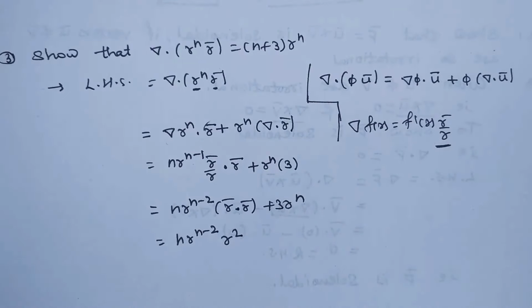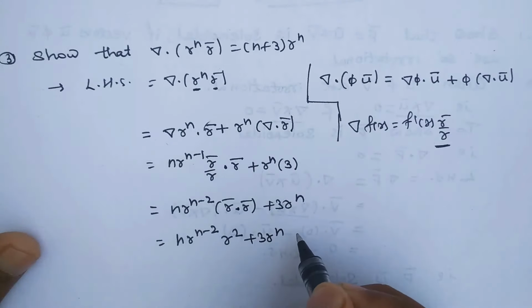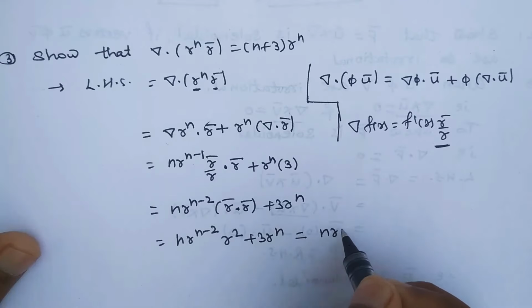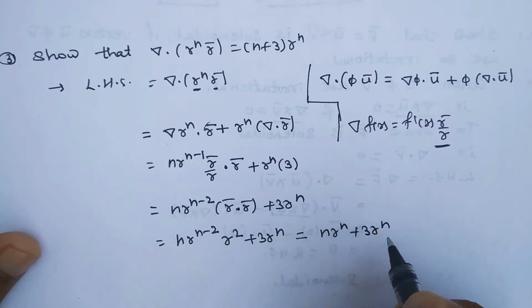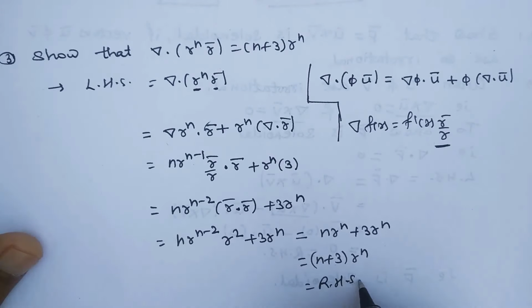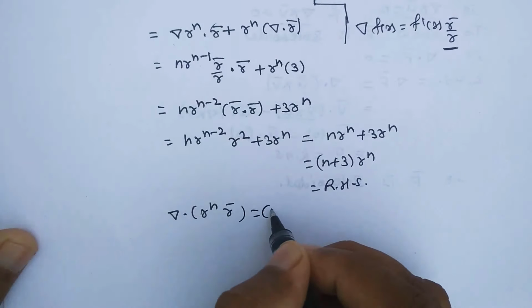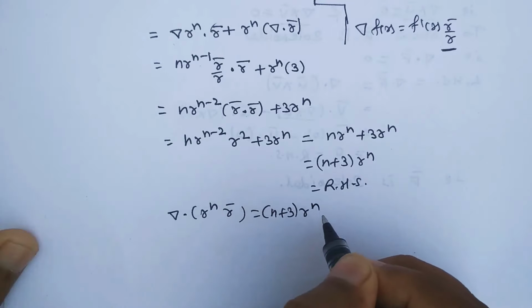So r bar dot r bar is r square, plus 3 into r raised to n. That is equal to n into r raised to n plus 3 into r raised to n, that is n plus 3 r raised to n. That is RHS. That means del dot r raised to n into r bar is equal to n plus 3 into r raised to n.